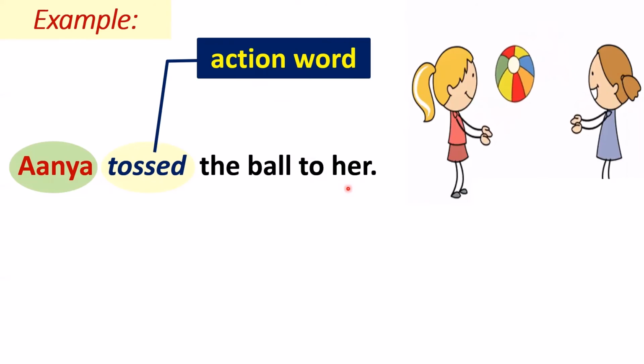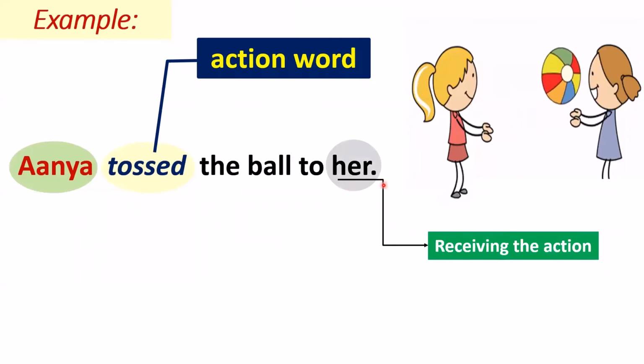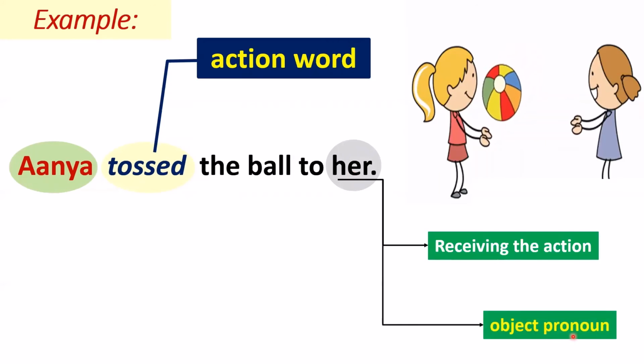Her. So it means Anya is giving the ball to whom? To her. So here her is the receiver of the action. So the pronoun her here is referred to as an object pronoun.